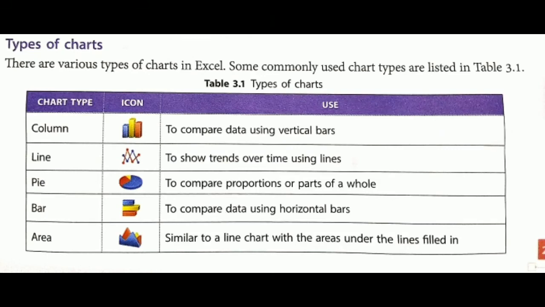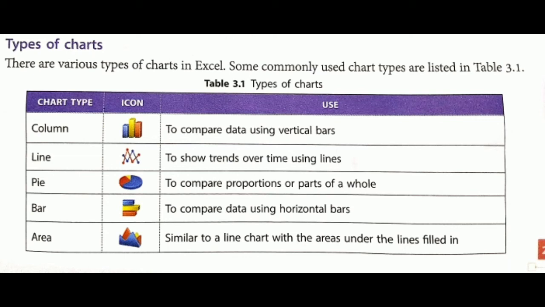Next, let us study types of chart. There are various types of chart in Excel, and some commonly used chart types are in table 3.1. First one is column. Look at the icon used for column. Columns are used to compare data using vertical bars.